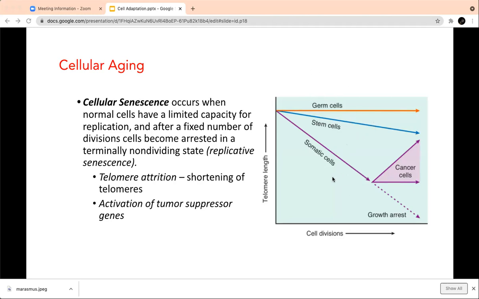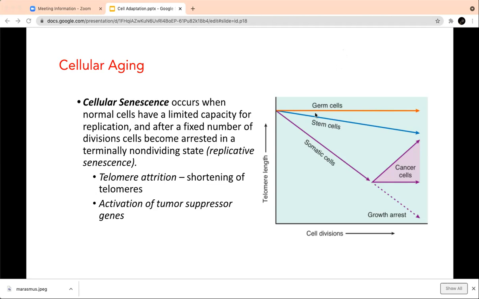Okay, cellular senescence occurs when normal cells have limited capacity for replication, and after a fixed number of divisions, cells become arrested in a terminally non-dividing state known as replicative senescence. So ibig sabihin, at a certain point, mag-divide lang siya. Meron lang point kung up to kailan siya mag-divide. So the cellular senescence can actually be attributed to the following mechanisms.